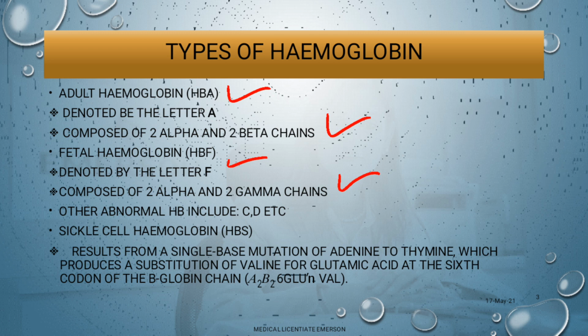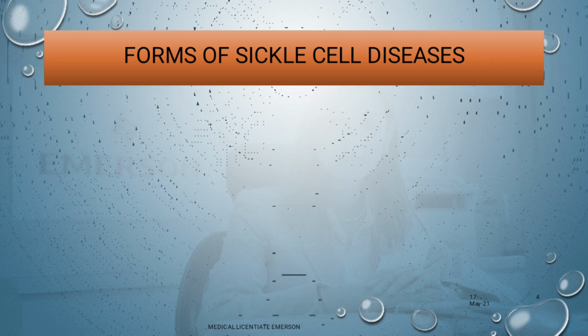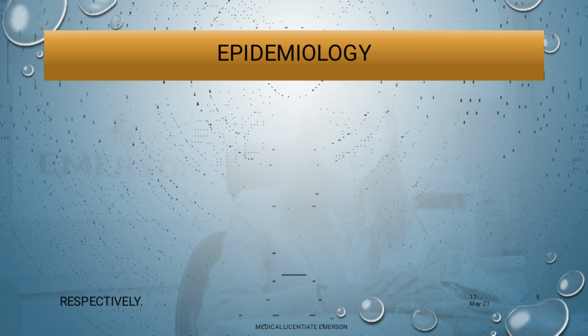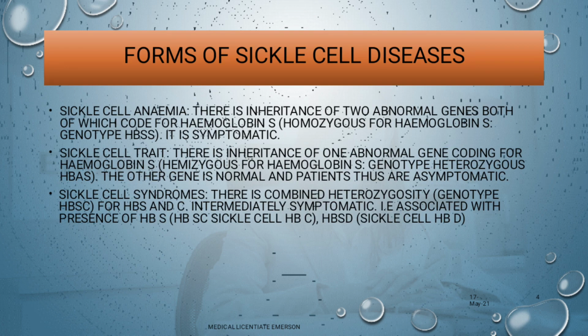Then we have the sickle cell hemoglobin, HbS, which results from a single base mutation of adenine to thymine, which produces a substitution of valine for glutamic acid at the sixth codon of the beta globin chain.